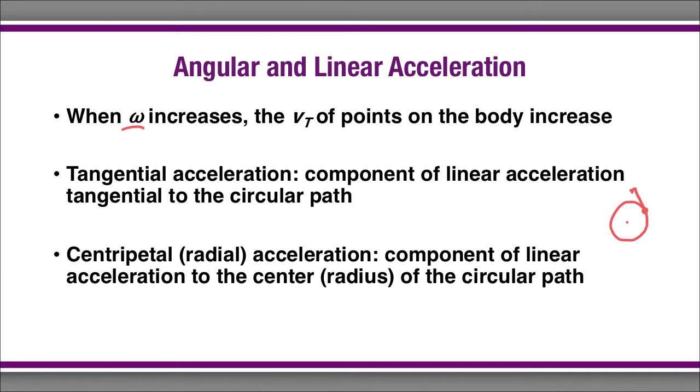Centripetal or radial acceleration is defined as the component of linear acceleration towards the center or the radius of the circular path. So centripetal or radial acceleration is directed directly towards the axis of rotation.